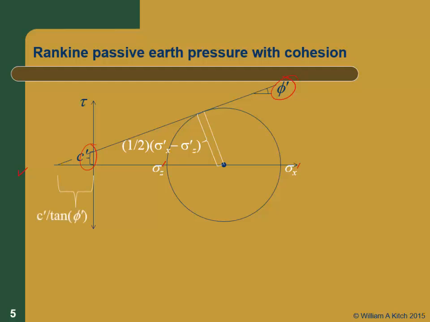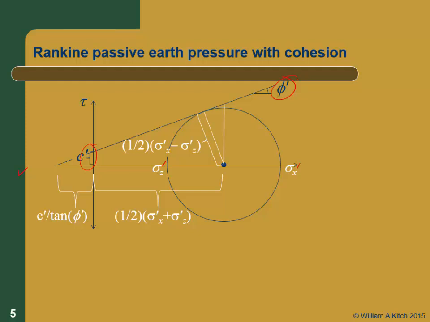But now, when I start to build my triangles, I have this little piece on the left-hand side of my triangles. That's going to be c prime over tan phi, right? That's going to be that distance there. On the right, the distance to the center of the circle is still 1/2 sigma prime x plus sigma prime z.